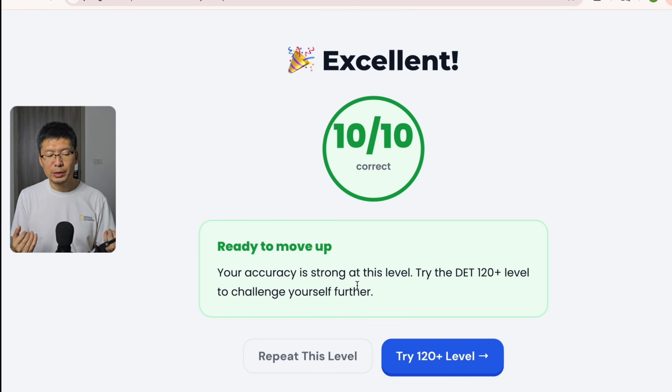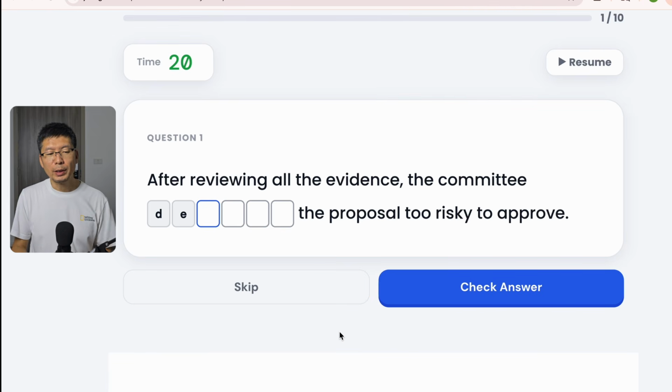Okay, let's practice at a higher level for another 10 questions. I won't explain more. We just use the strategy and try to do the question, okay? After reviewing all the evidence, the committee what the proposal too risky to approve? So this is over 120 level, so it's more difficult, right?